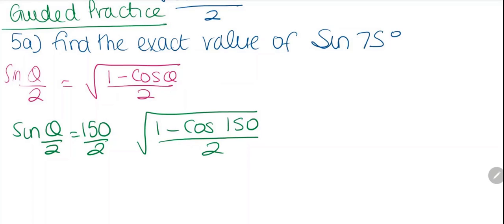Now we need to decide if it's positive or negative. So 75 is in quadrant 1, and all our values are going to be positive, so it's going to be positive.